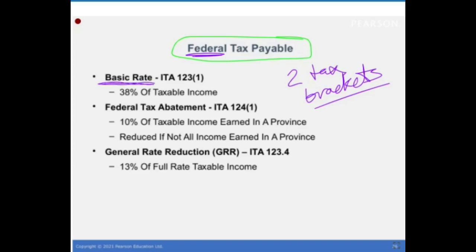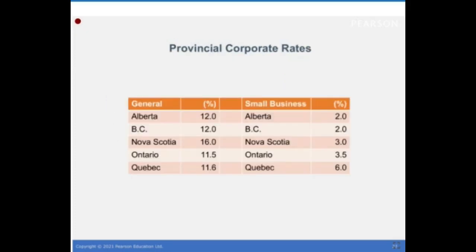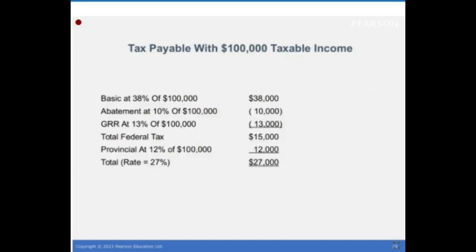This is going to be the highest number on the whole thing. It's 38%, I think. So if we did a really simple example, which we're going to do here, on 100,000, your basic 38% of 100,000, you start by calculating 38,000 of tax.